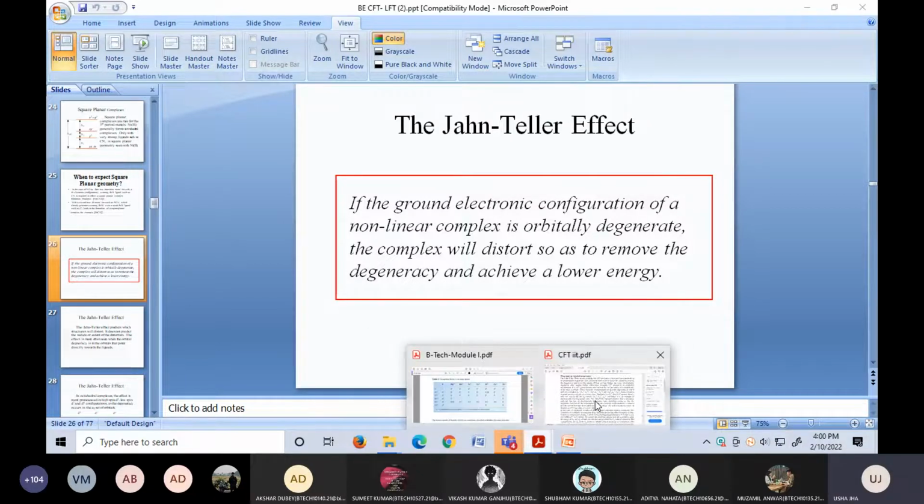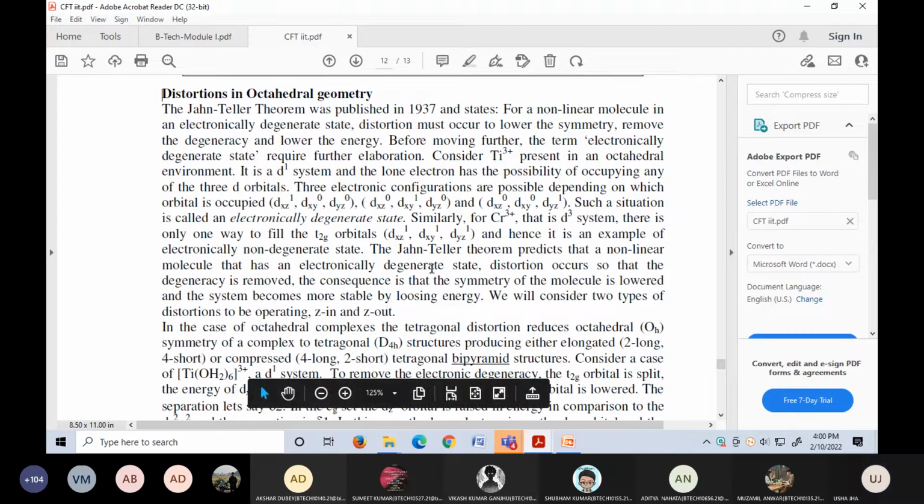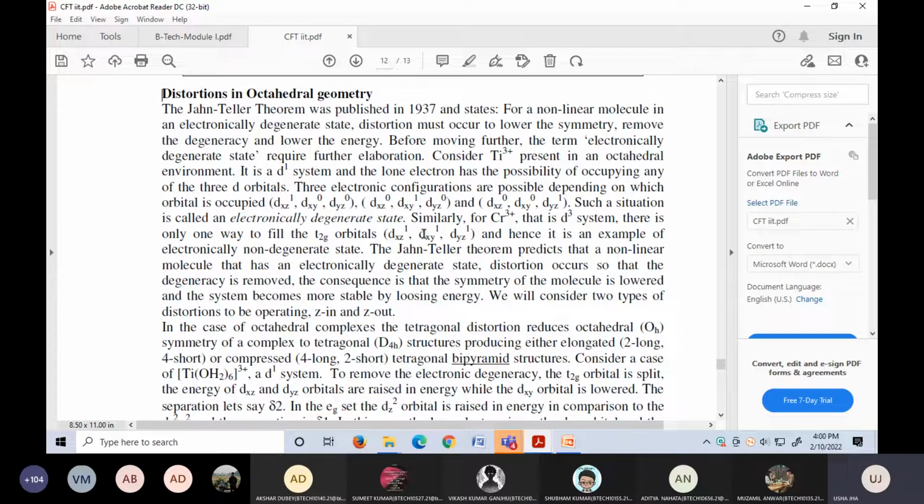You will have two types of distortion taking place, depending upon which of the two orbitals or of the three orbitals the electrons are present in. So you can have two types of this distortion.